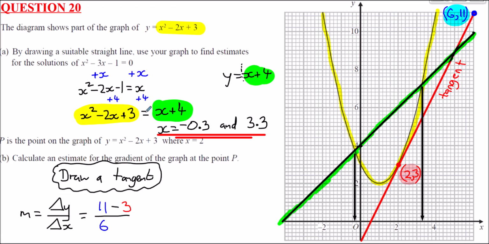In other words, x has gone along 4 units, which is 6 minus 2. 11 take 3 is 8. 6 take away 2 is 4. 8 divided by 4 gives a gradient of 2, and yours should be fairly similar to 2, if not exactly. You need to have a gradient between about 1.5 and 2.5 to secure the marks. So as long as you've got an answer that rounds to 2 to the nearest whole number, you should be fine for that. And that's question 20 done.